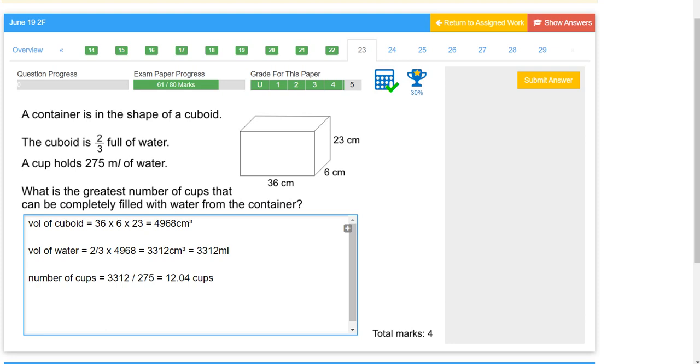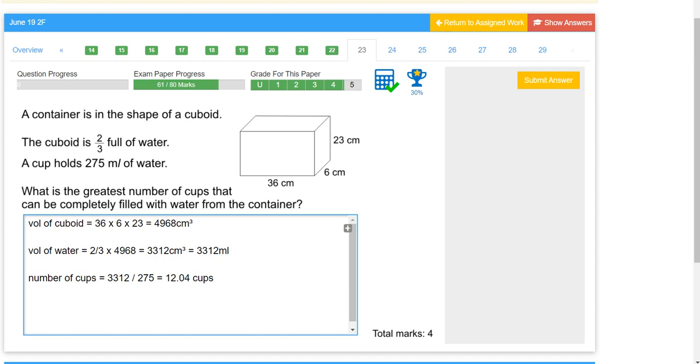And then the last part of the question is the greatest number of cups that can be filled with water from the container. And here you need to read the question really carefully. If it was saying, how many cups do I need to fill the container? Well, 12 wouldn't be enough. It would have to be 13. But the question isn't asking that.